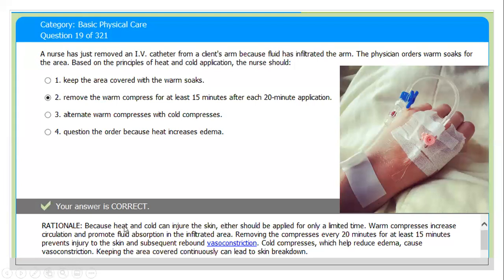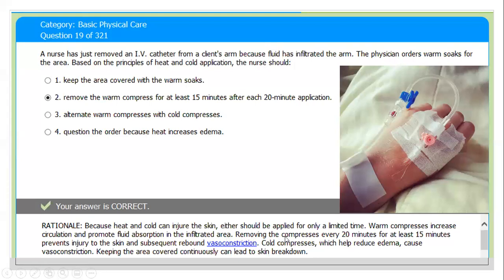Rationale: because heat and cold can injure the skin, either should be applied for only a limited time, and warm compresses increase the circulation and promote fluid absorption in the infiltrated area.